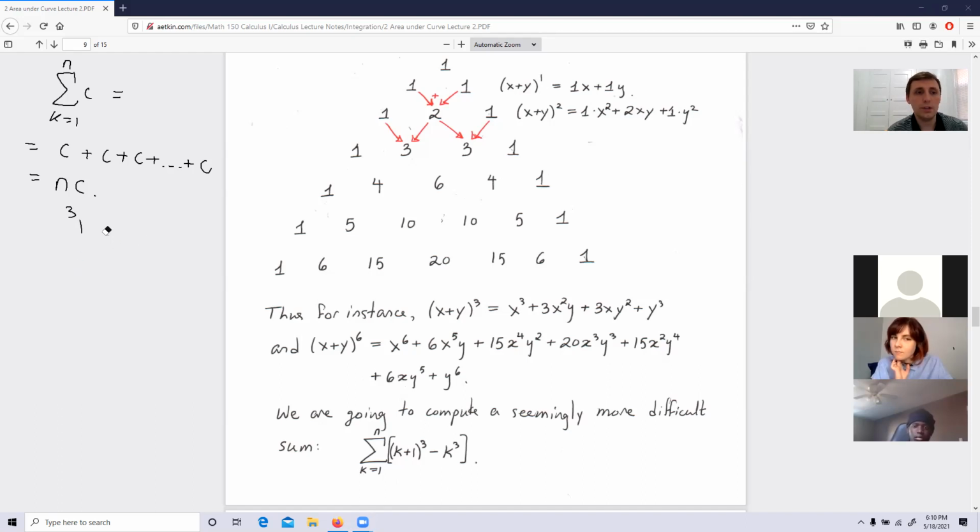Then we learned how to add up numbers like this, guys. So what is 1 plus 2 plus 3 all the way to plus 10? This is represented by the sum k equal 1 to 10, for instance, of k. And what's the sum in this situation? Please remind me.